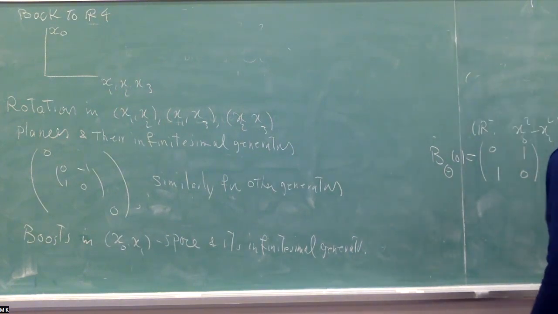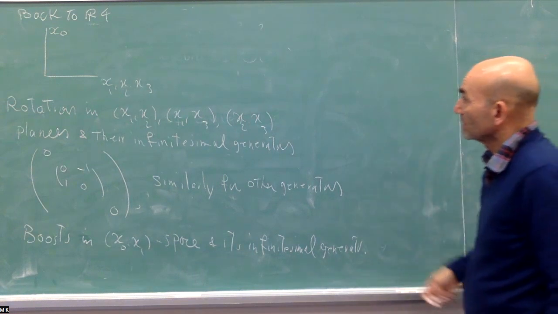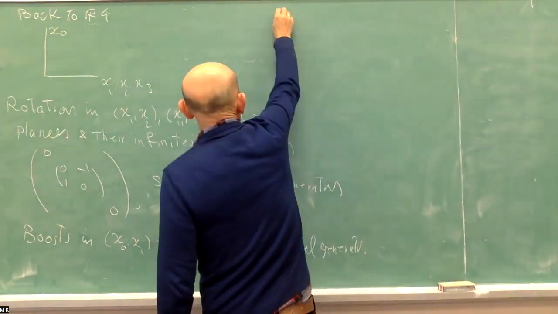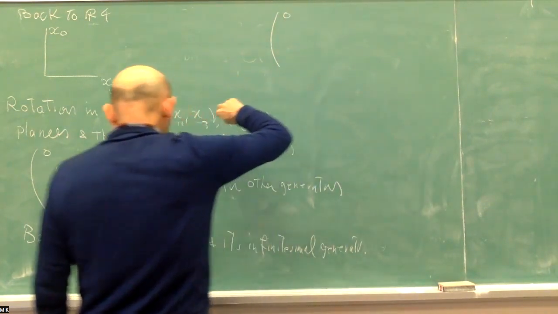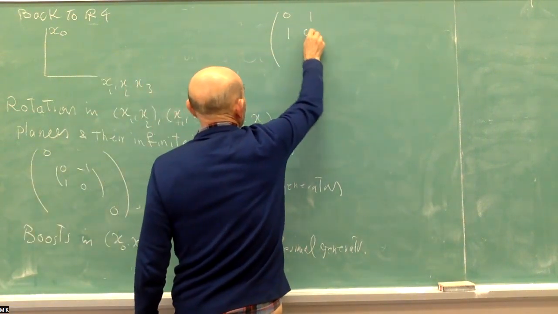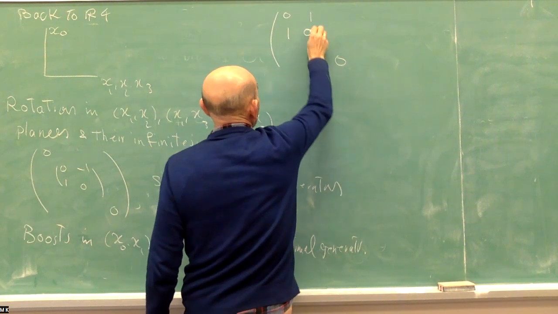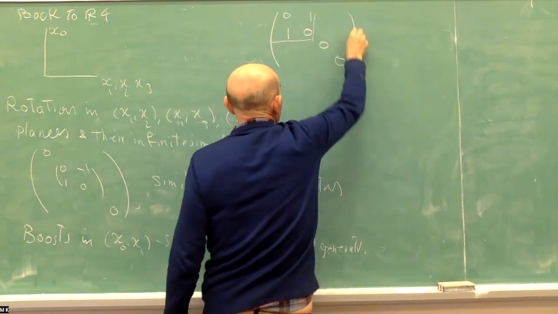In this case, it's going to look like the following, as you remember. So there was the 0, and then we have 1, 1, 0, and then 0s. So there's a 2 by 2 component there, and the rest is 0.